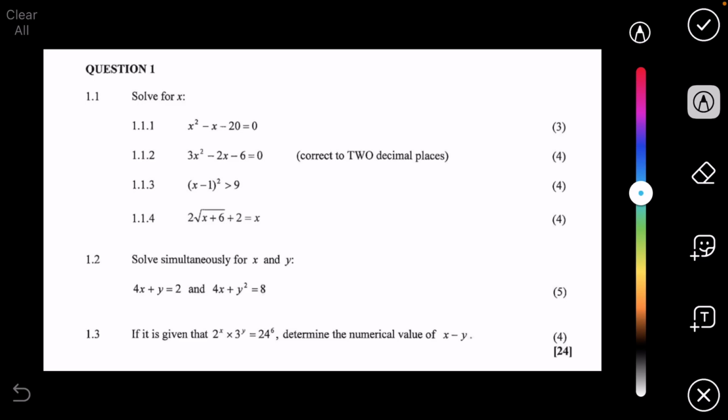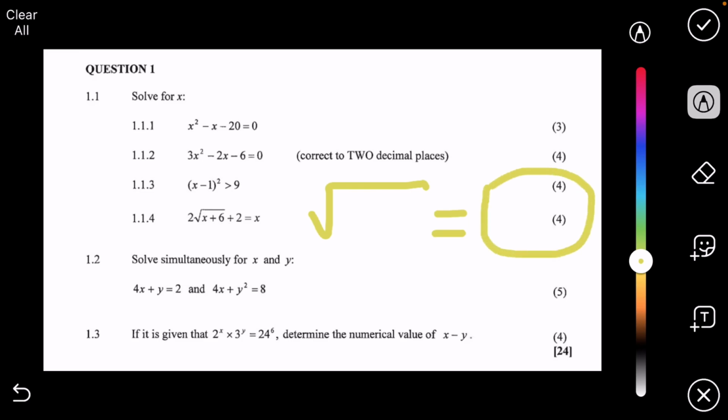So now let's move on with this question, guys. In most cases you want to remain with a number that has a square root on one side of the equal sign, and have everything else on the other side. I'm simply saying it would be best to remain with 2 square root of whatever equals x, then move that 2 to the other side.